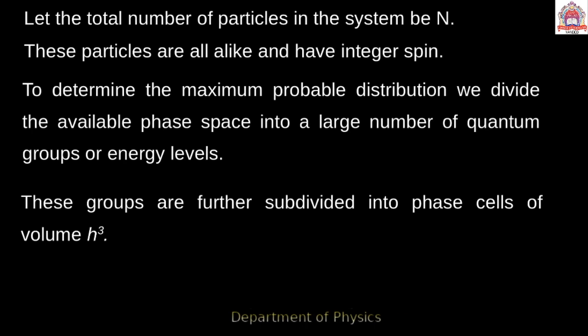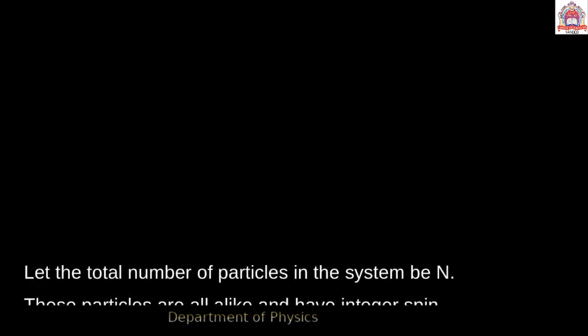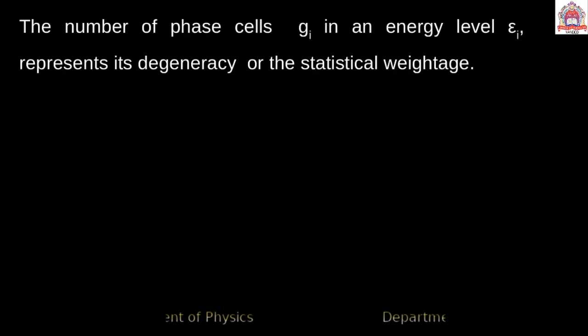The number of phase cells Gi in an energy level, that is epsilon i, or we can say simply Ei, represents its degeneracy or the statistical weightage. The statistical weight is nothing but the count.